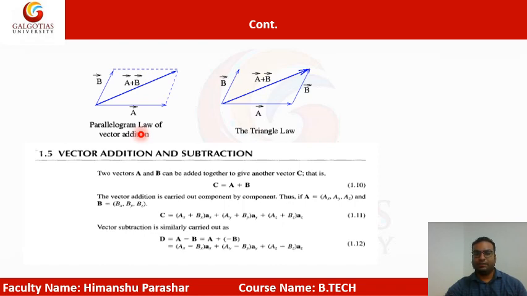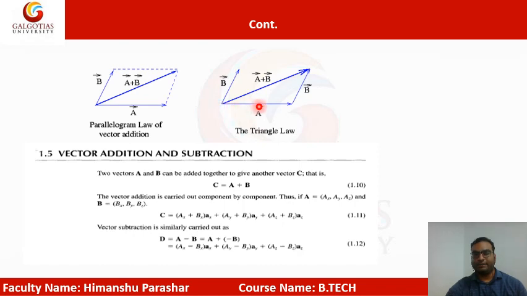As you see in the parallelogram vector addition, one vector A is in this direction, the second one is in this direction, and the diagonal of the parallelogram joins at some point, giving vector C, which is the addition of vectors A and B. And if we are talking about the triangular law, it is the head-to-tail method.